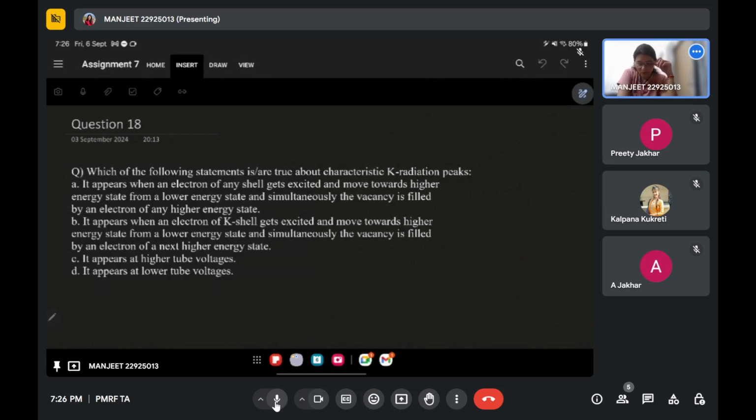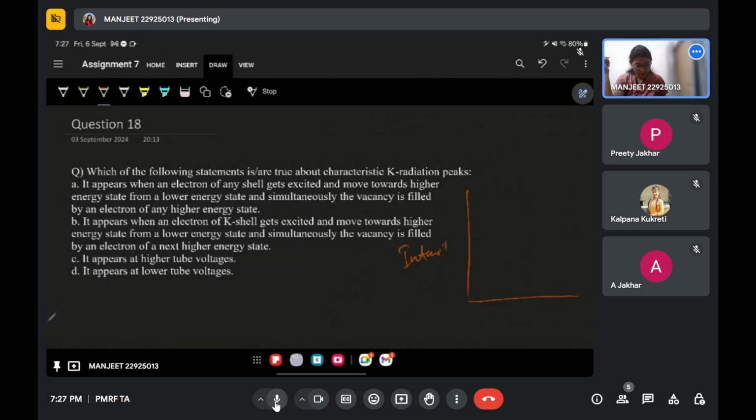Which of the following statements are true about the characteristic K radiation peak? We know the intensity versus wavelength plot, and for a particular voltage we are having this one. If I increase the voltage, then it will become higher here. For increasing voltage, this is going higher.